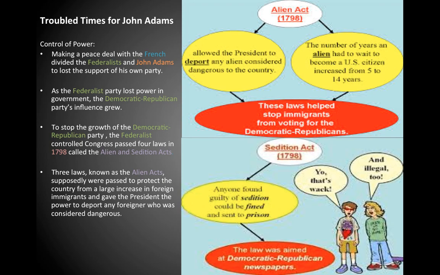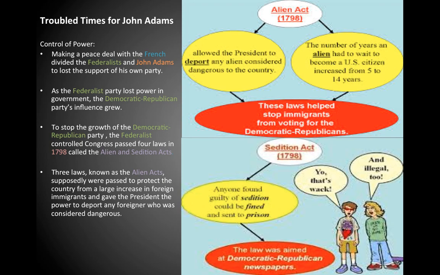They allowed the president to deport any alien considered dangerous out of the country. Now, this is not a good thing for the United States to have allowed, because it didn't specifically state what the reasoning that they could be deported was for.